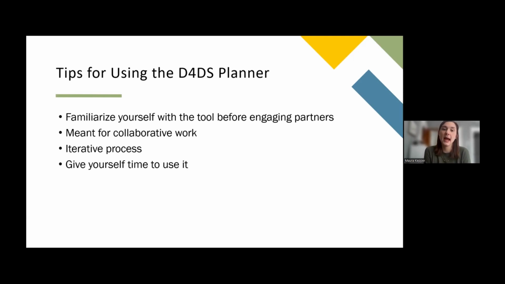There are a lot of different action items in it. There are some features that I think are neat, like using AI and natural language processing that help you, but it's important that you understand what the tool can and can't do before you bring in your community partners.